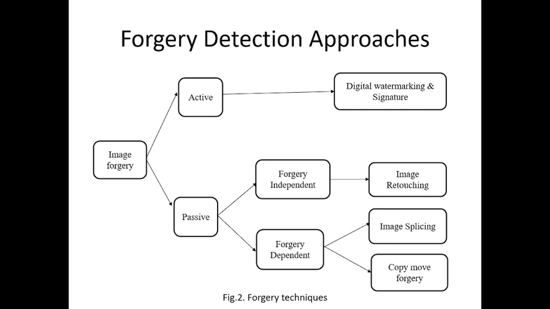Forgery independent covers image retouching and image splicing, and copy move forgery comes under the category of forgery dependent. Digital watermarking and signature are examples of active approaches. In contrast to these approaches, passive image forensic techniques work in the absence of a watermark or signature.